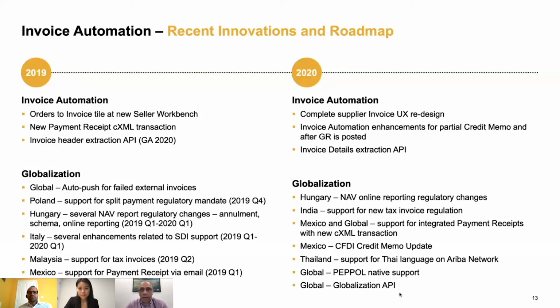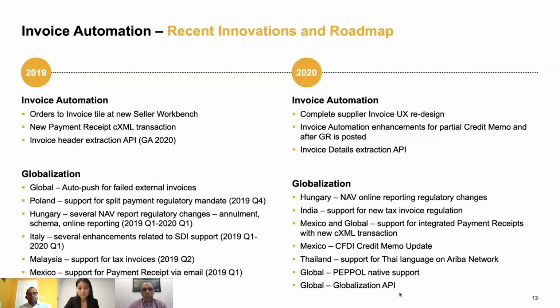Mexico, we are going to do the integration of the payments receipt. Thailand, we are going to be supporting the Thai language in the Ariba network, not the tax invoice, but the language. And we have plans for 2020 to start natively supporting PayPal and the globalization API. So this is the big picture of the highlights of 2019 and 2020, what we have in our roadmap.